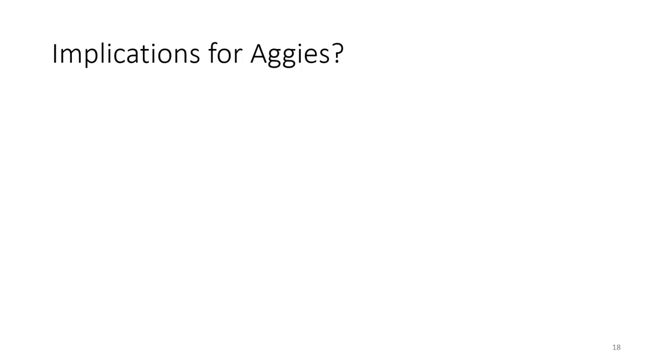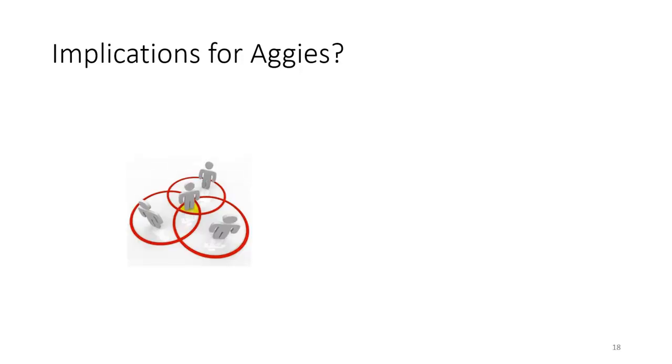So I hope you're asking, so what? What does this mean to me? I'm an Aggie. What does this mean for me and my own professional development? What we do know is that Aggies, like every human being on this planet, tend to retreat. We don't put ourselves in situations where we have cultural dissonance because a lot of us don't want to go through that sense of being disoriented.